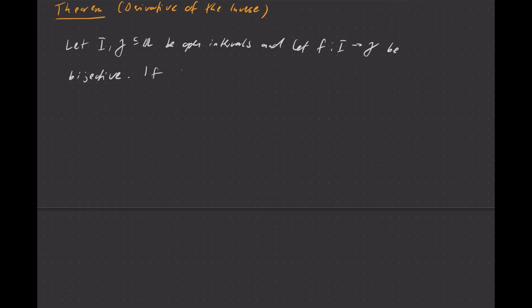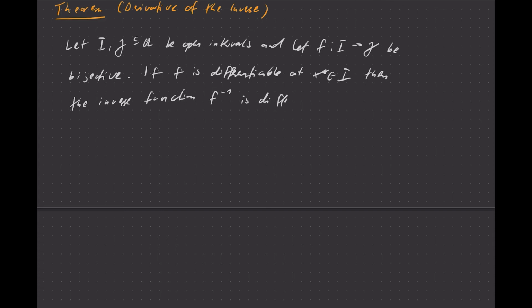So if f is differentiable at x star in I, then the inverse function, that function is usually denoted as f to the power of minus 1. And please don't confuse that with 1 over f. That's usually a very different function, right? So f to the power of minus 1 is the inverse function to f.